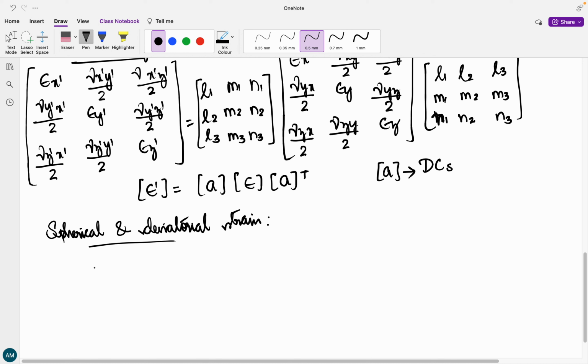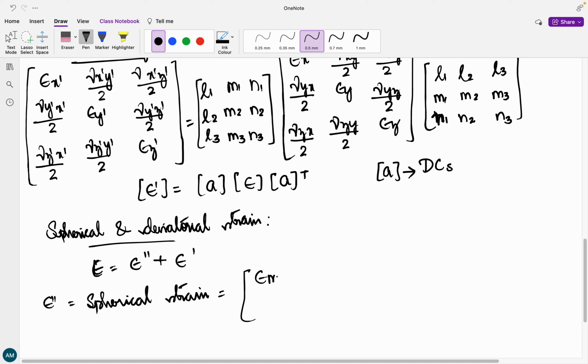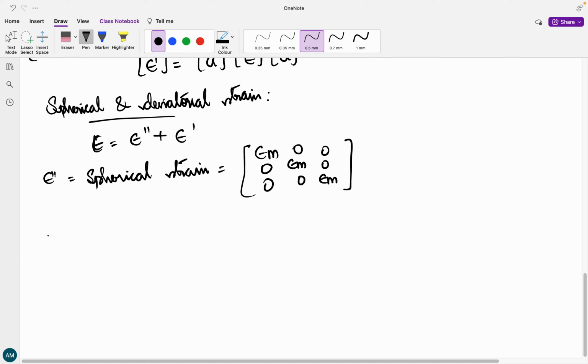So I can write strain as spherical and deviatorial, where E double dash is the spherical strain. It is nothing but this particular matrix, and then E dash is the deviatorial strain.